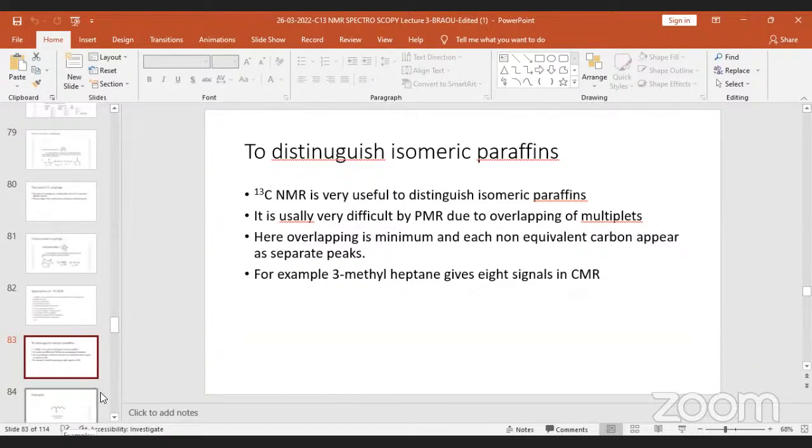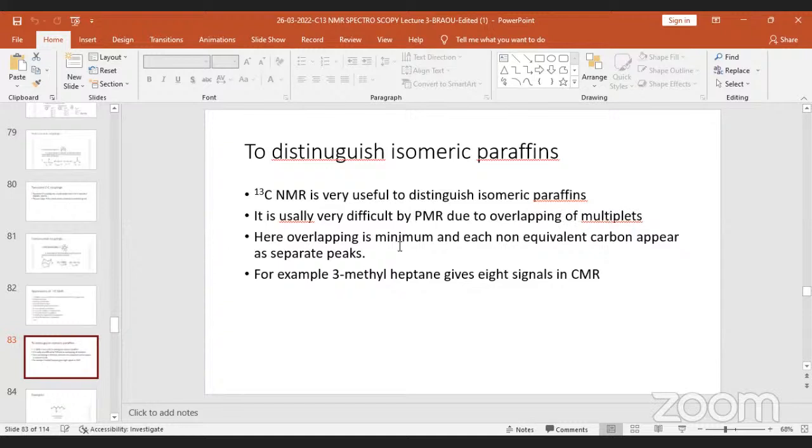I'm just showing you why proton NMR is complex: due to the close range of chemical shifts of protons in aliphatic carbons or paraffins. In these isomeric paraffins, there will be too much overlapping of multiplets. Why multiplets? Because they undergo coupling with each other.